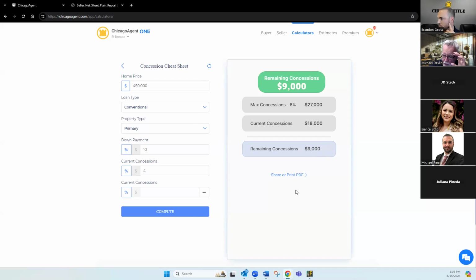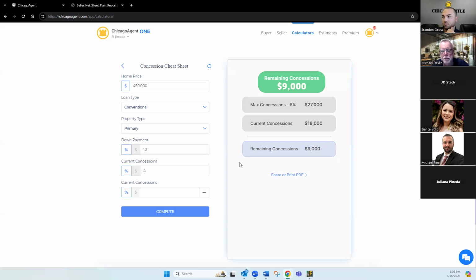If the concession that is given to the buyer to compensate their agent is specified in the residential purchase agreement, then lenders will typically include that as part of this concession limit.